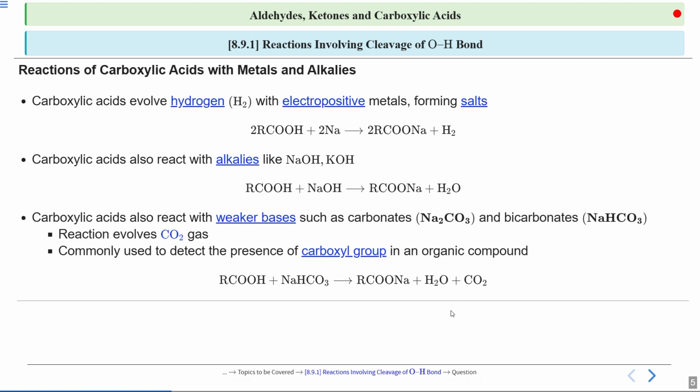This reaction is very often used in qualitative analysis to confirm the presence of carboxylic acids. So these are the reactions of carboxylic acids which we saw with metals, with alkalis, and with weaker bases like carbonates and bicarbonates.